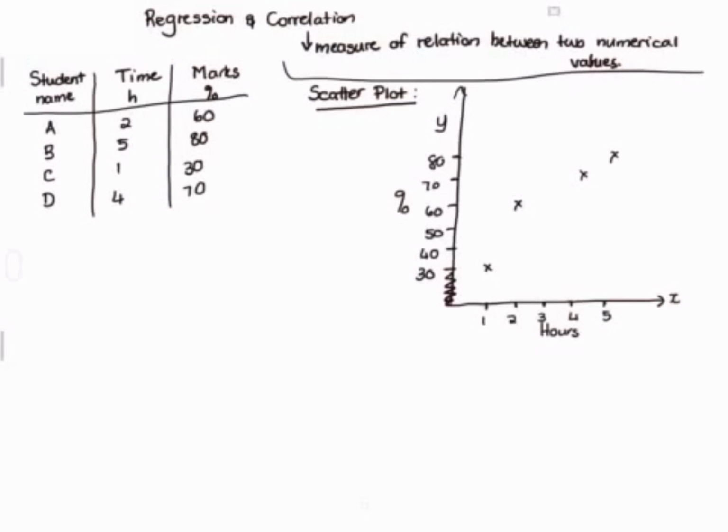So that is my scatter plot. It's my actual information. Please note it is not a line graph. So you don't join these little crosses and make a zigzag type of line.